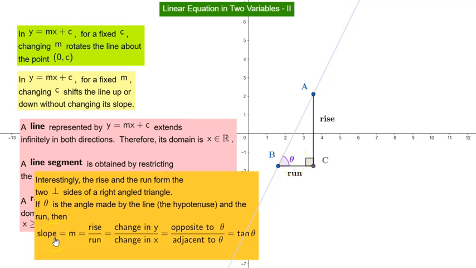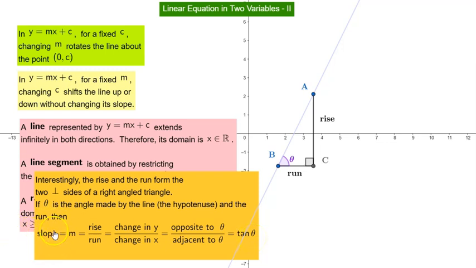So, slope we know is rise by run, which is change in y divided by change in x, which is equal to, if you look at this right angle triangle, then with respect to angle theta, change in y is rise, that is opposite to theta, and we have run, that is adjacent to theta, and opposite divided by adjacent sides of a right angle triangle is defined as tan theta.